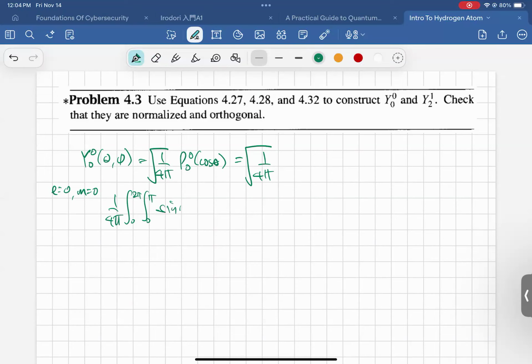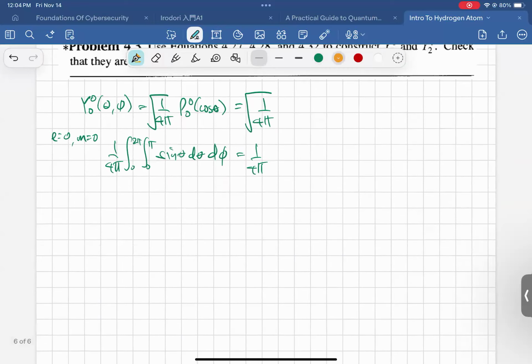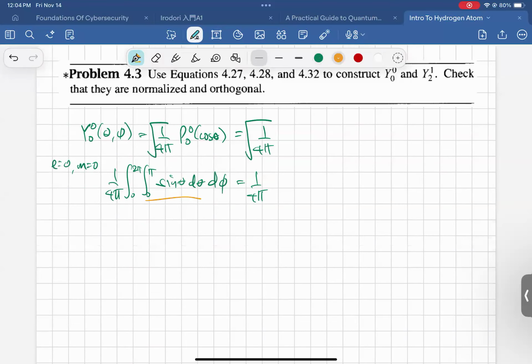And then, ang matitira na lang is sine theta d theta and then d phi. So, this will become 1 over 4 pi, and integral from 0 to 2 pi ng d phi.